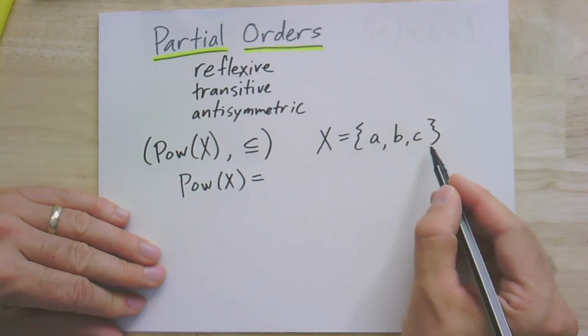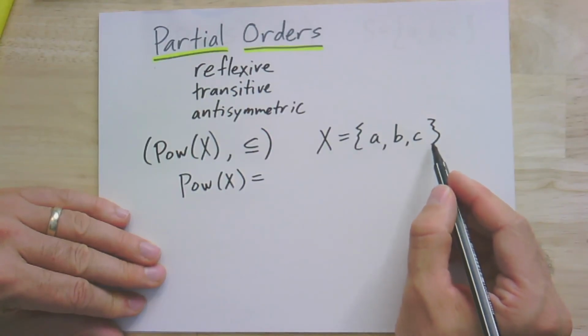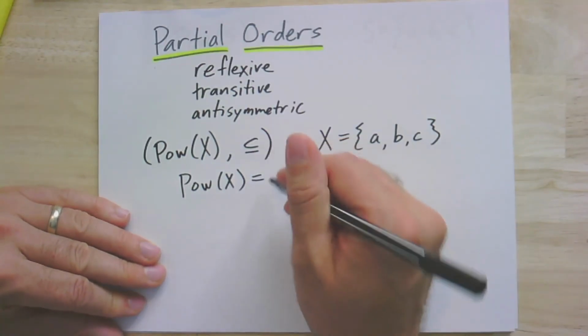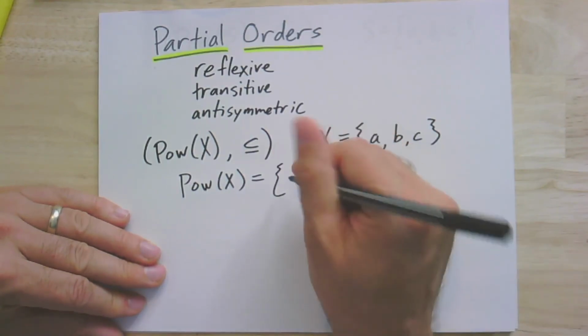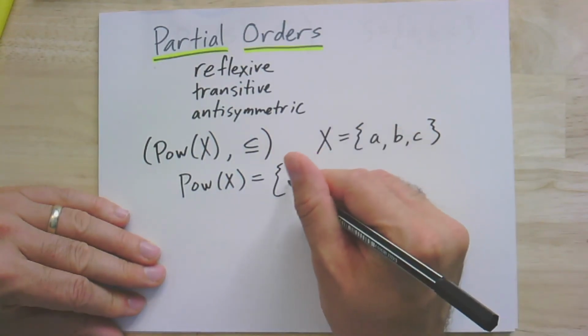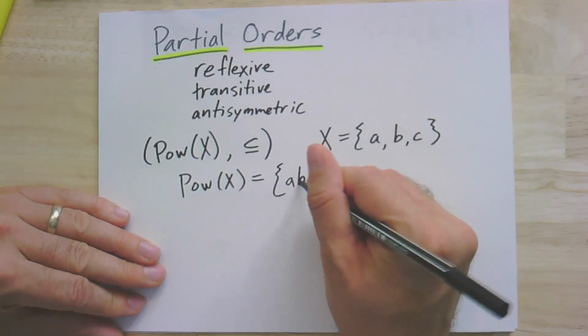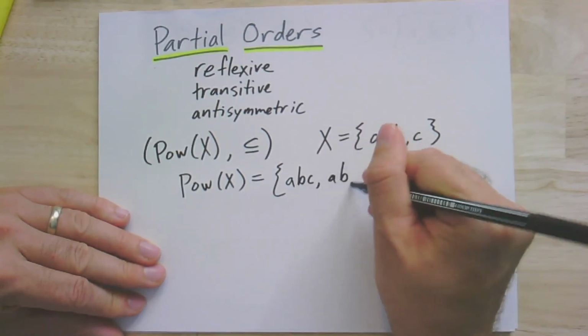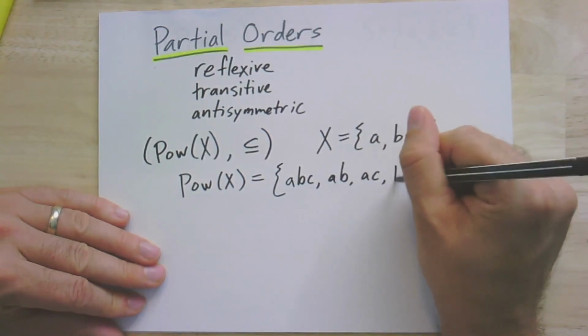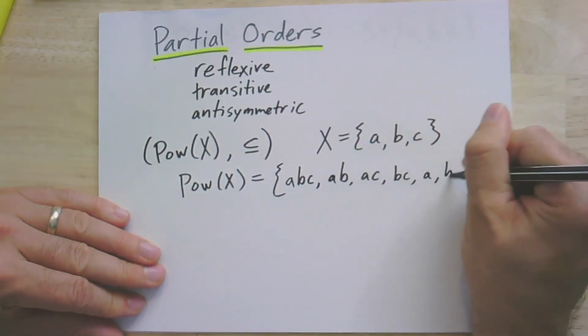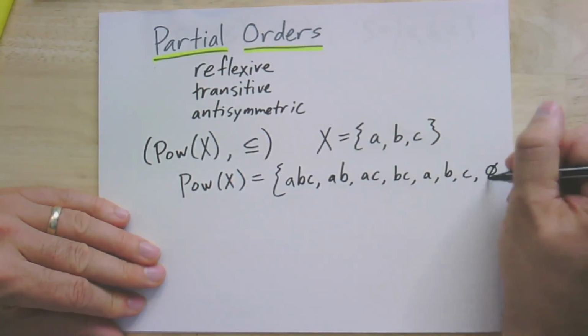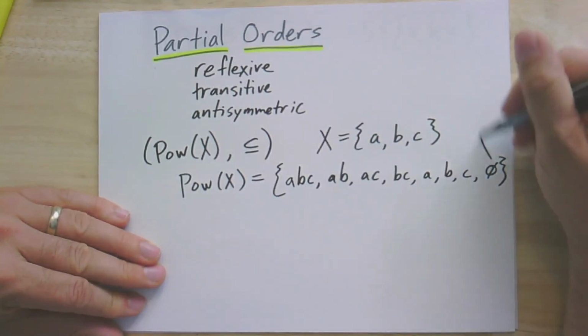Technically, there are 3 elements here, so the power set has 2 to the 3 equals 8 subsets. I'm going to write the subsets as just strings because it saves me a lot of curly braces and commas. So there'll be ABC, AB, AC, BC, A, B, C, and the empty set.